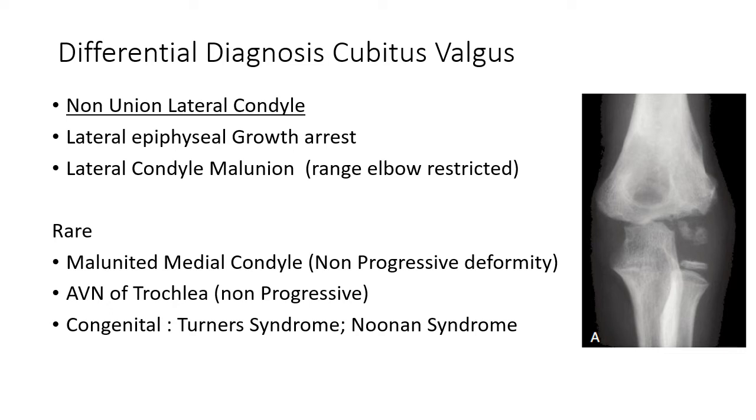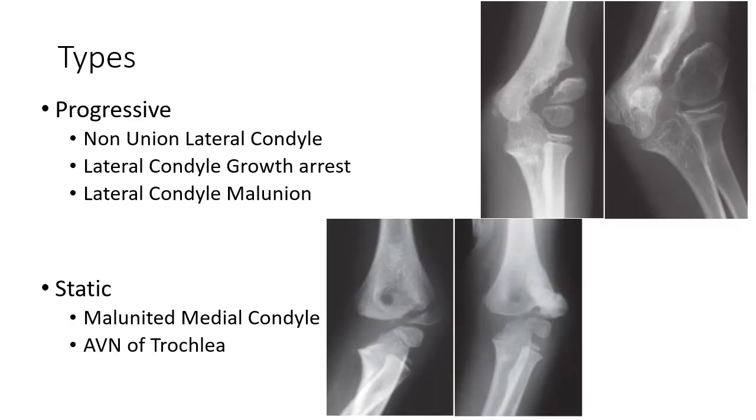This will give rise to a non-progressive valgus deformity. AVN of the trochlea again is a non-progressive valgus deformity, and congenital conditions like Turner syndrome or Noonan syndrome can also give rise to valgus, but these conditions obviously will be present from birth.